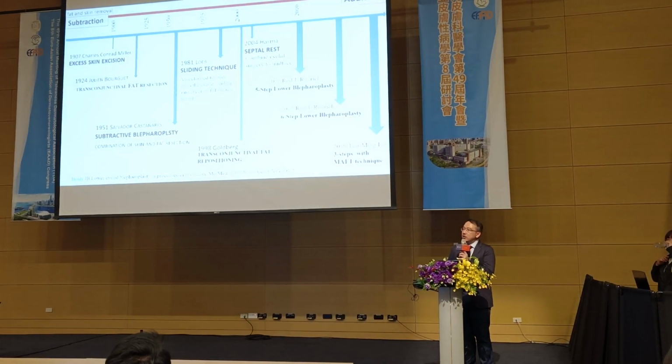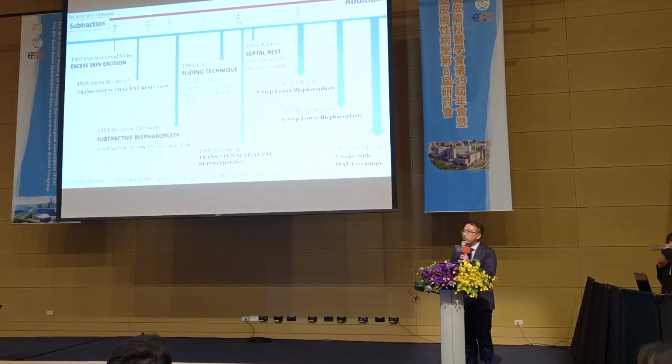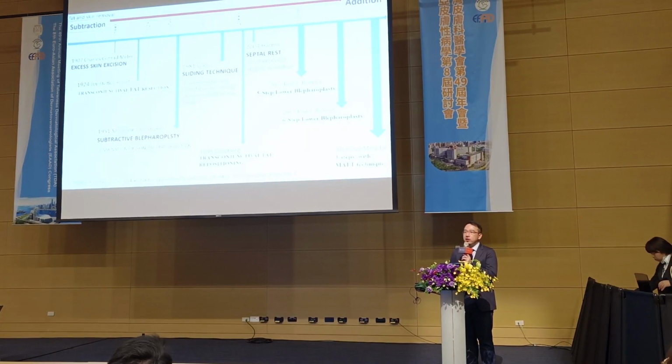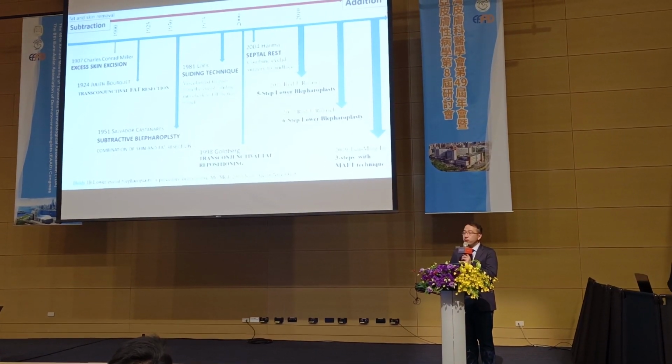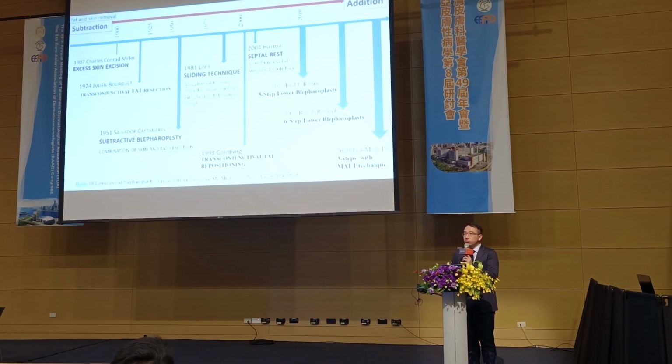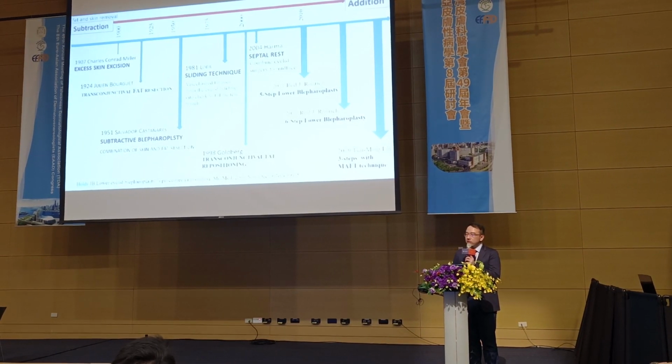So gradually, in recent years, people start to think that fat is valuable and it's not good to remove it all. So the concept of fat graft begins in 2011. So right now, many plastic surgeons do the fat graft during the lower ID therapy process.